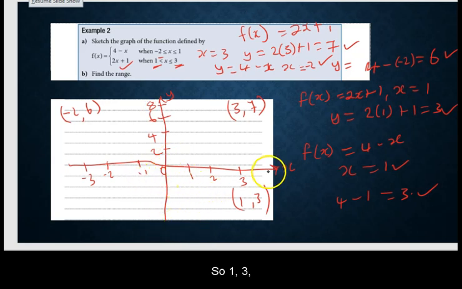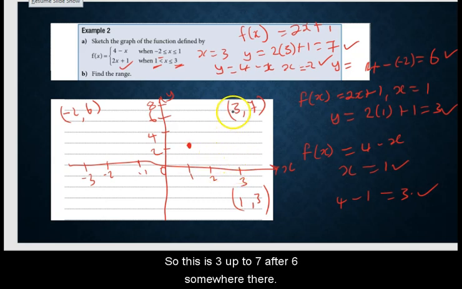So 1, 3. 1, 3 is somewhere here after 2. And then we have 3, 7. So this is 3 up to 7 after 6 somewhere there.